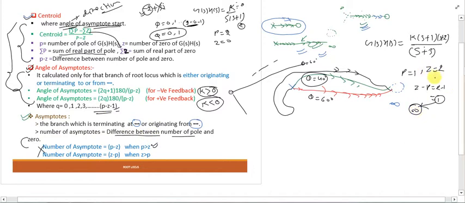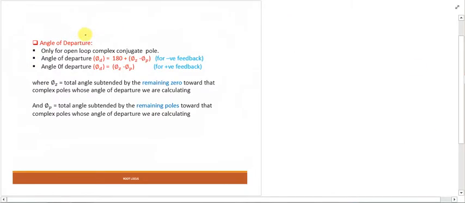Now the next slide is the angle of departure. Angle of departure is always calculated for complex conjugate poles. Means if our poles are 3 minus 4j, plus 4j, 2 plus 3j, 2 minus 3j, and minus 5, minus 6, something like this, then we cannot calculate the angle of departure for the real poles.